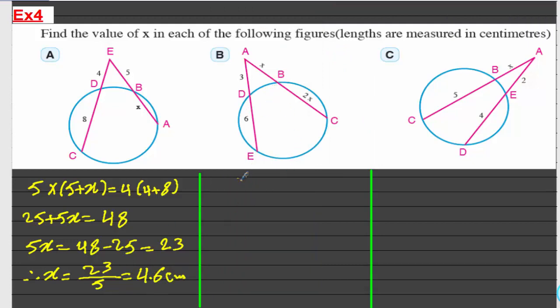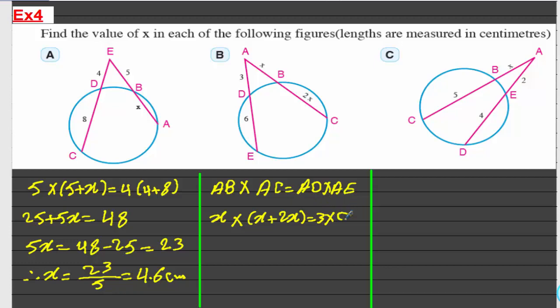Here in this part we have again AB multiply AC equals AD multiply AE. AB is x multiply AC equals x plus 2x, equals AD, which is 3, multiply AE, which equals 3 plus 6 equals 9.